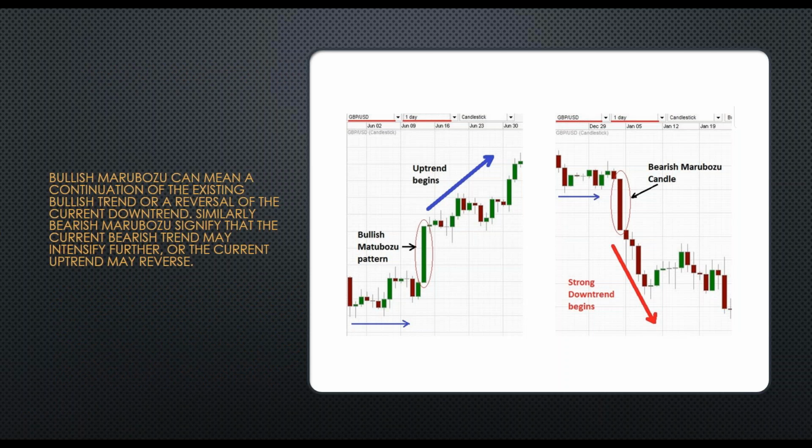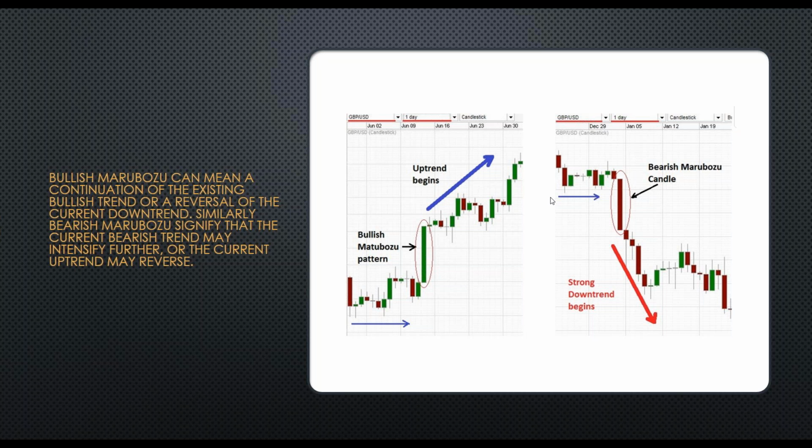And you'll usually see the Marubozu appear in the middle of a trend. When it does, it tells you that trend is very strong and will continue in its uptrend. If it appears in sideways action, it will tell you that the uptrend is about to begin.